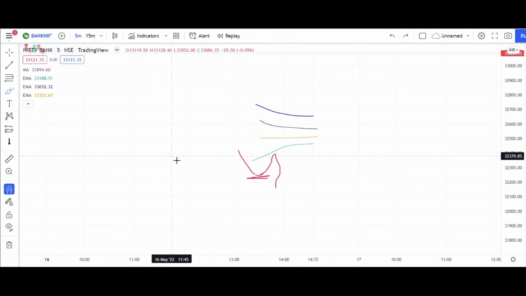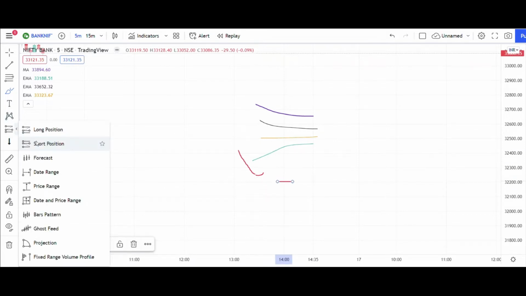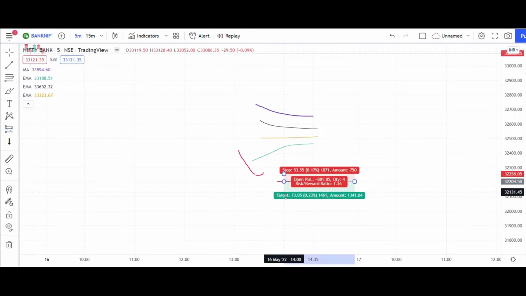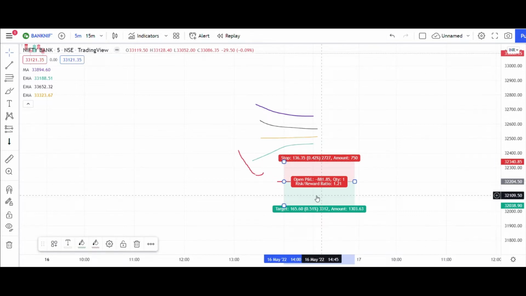And as we know, our target risk reward for the short trade or long trade in this strategy is, first, 1:1.7. Let's say we are keeping 32,340 as our stop loss.